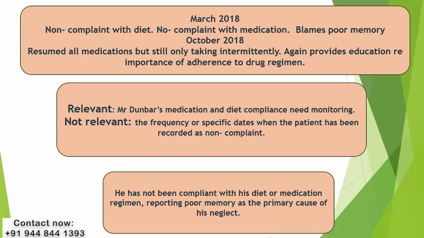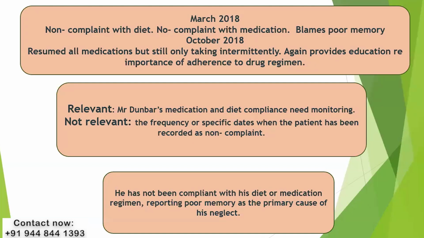The irrelevant information from the case note is the dates, how many dates, and since when he started being non-compliant. We don't need to give that information to the community nurse. We just tell the important information, that the patient is not compliant with his medication and needs to be monitored. That is the relevant information from the Peter Dunbar case note.